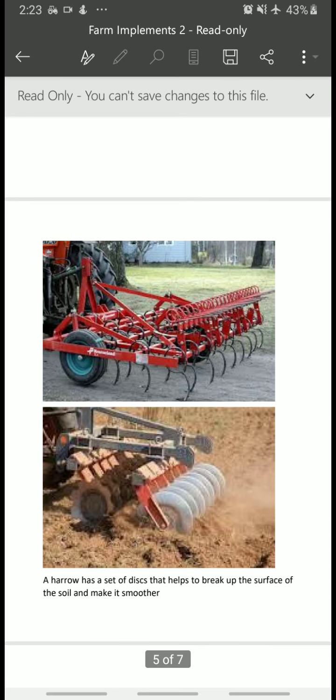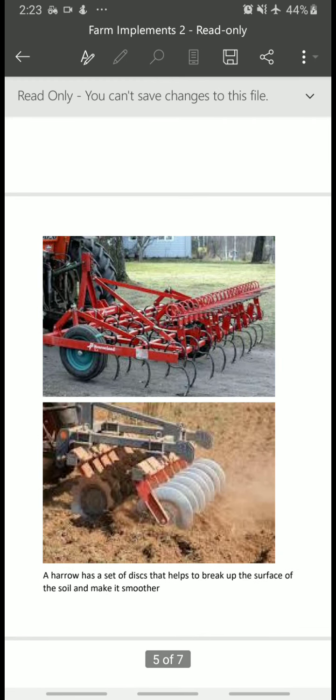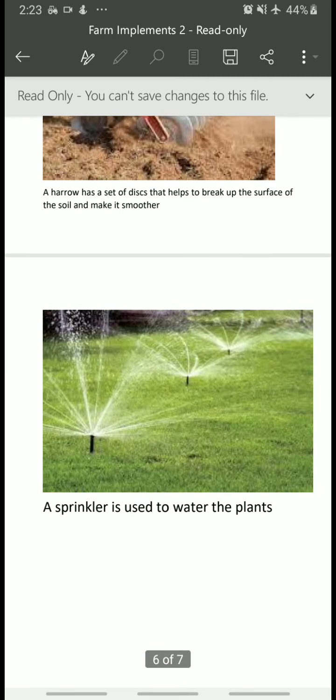Yes, those very hard ones. The harrow will break it. Bring it up, break it. And it's after the harrow breaks it that the cultipacker now breaks the small ones that did not break, the hard ones that are small that did not break when you used the harrow.